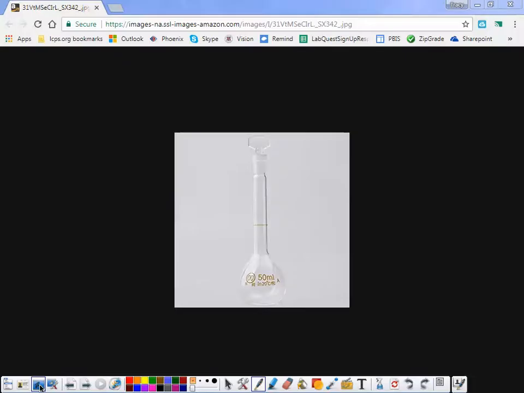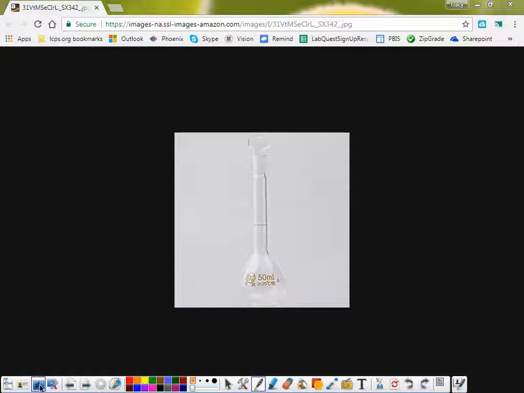If you look on the image on the board, or if you look at the one I have in my hand, how many graduations or lines are on that flask? There's only one on there. That one line is specifically, like that, it only can measure to one volume, okay?